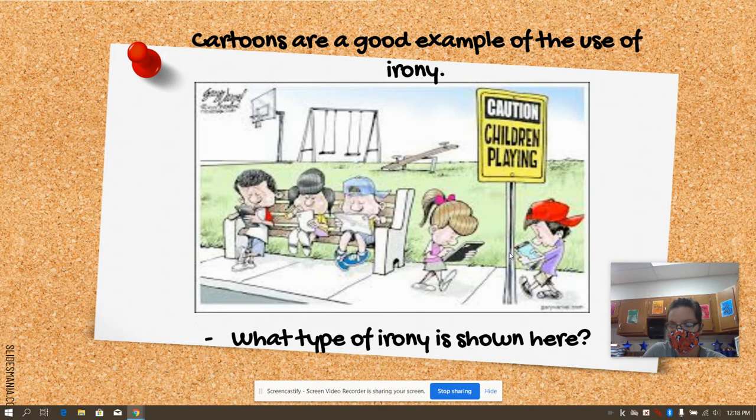This girl's on her tablet. This boy's on a tablet and walking. All their heads are down. And the sign here, because you have to read everything in this cartoon, says caution, children playing. So I want you to think to yourself, what type of irony is being shown here? Is it situational, verbal, or dramatic?